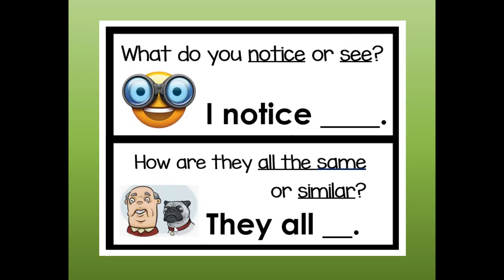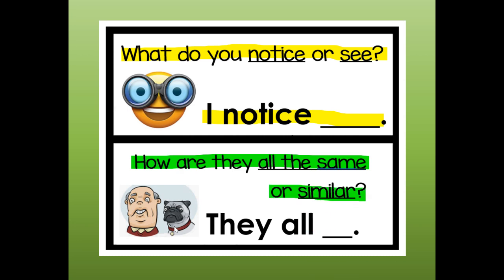So for each group of pictures, I'm going to ask you, what do you notice or see? And you're going to say, I notice, and finish your thinking. And I'm also going to ask you, how are all these the same or similar? And you're going to say, they all, for example, if you look at the man and his dog, you could say they all have gray hair and have some maroon on the collar or shirt.